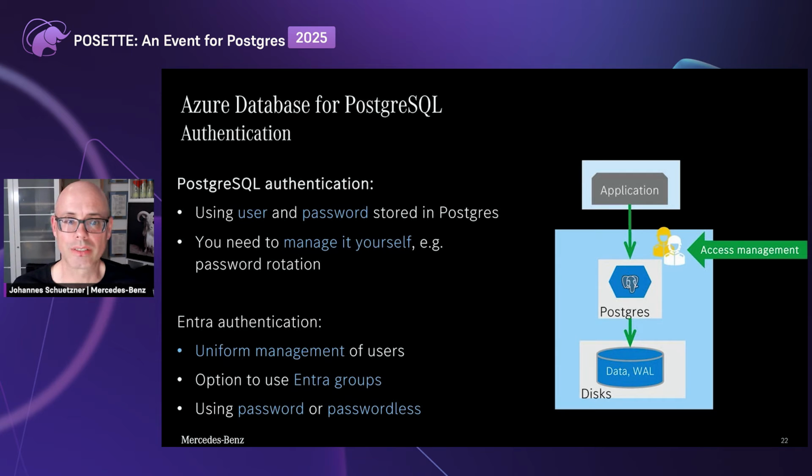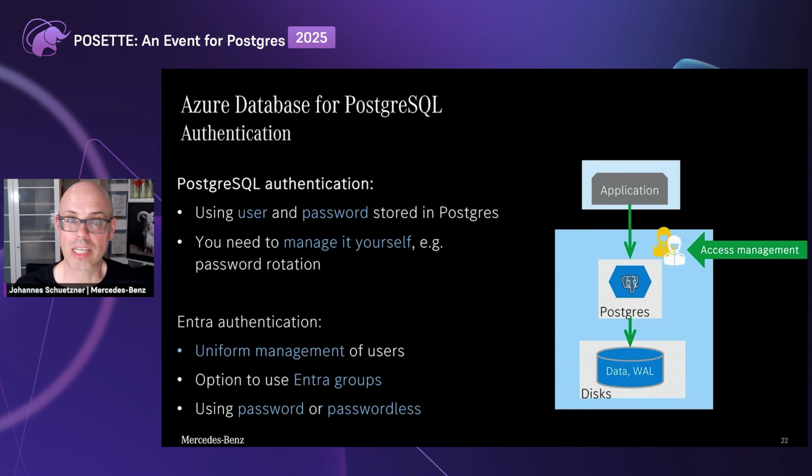The other way is Entra authentication. So the standard Microsoft Azure way, or Active Directory is the formal name. And here you have as a benefit the uniform management of users. So you can use these users not just for Azure Postgres, but also for all the other Azure resources and resource types that are available.